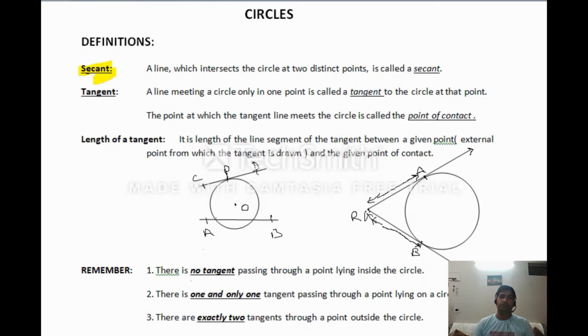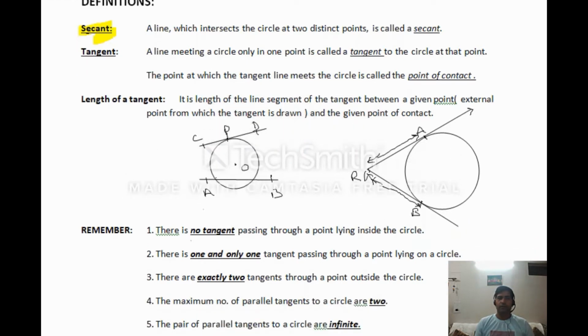Okay. Now, there are a few things we should remember. For a tangent to a circle, there is no tangent passing through a point lying inside the circle. Suppose a point is lying somewhere here. How can you draw the tangent?